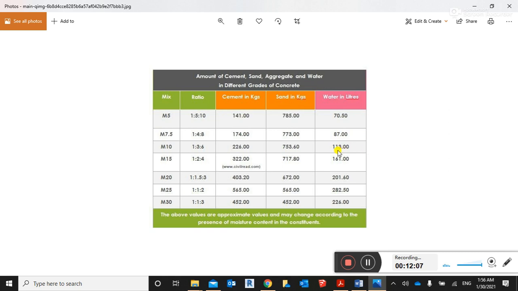In M10 we can use 113 liters. In M15 161 liters. In M20 we can use 201.6 liters. In M25 282.2 liters. In M30 we can use 226 liters, guys.